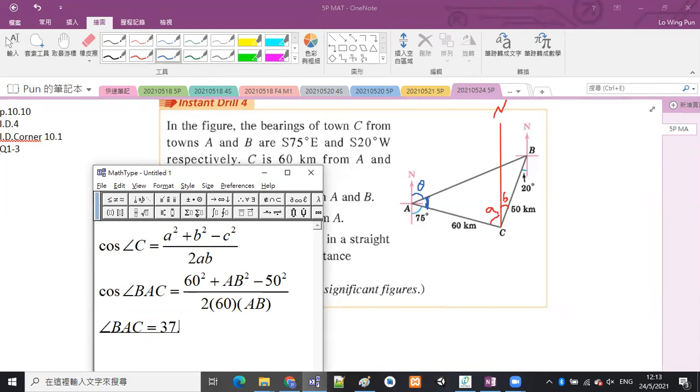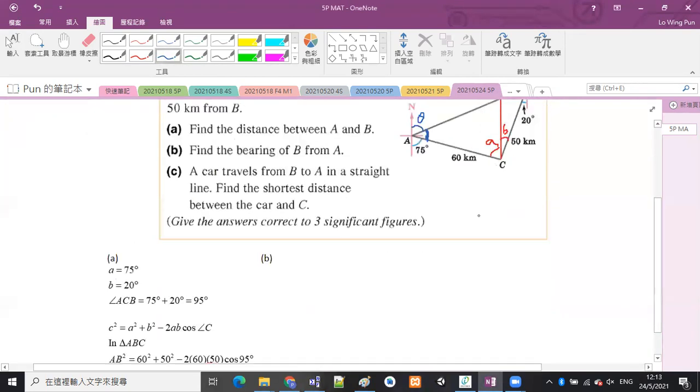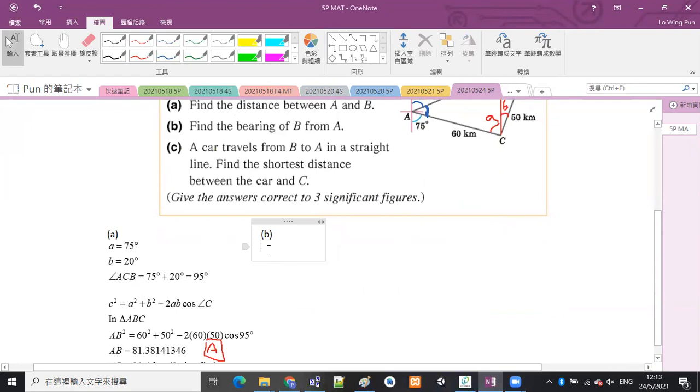And it's 37.73809375 degrees. Okay, and this is not the last part, so I'm going to save this in memory B.